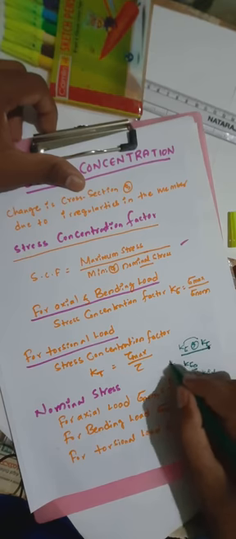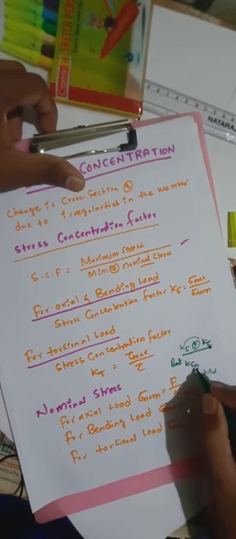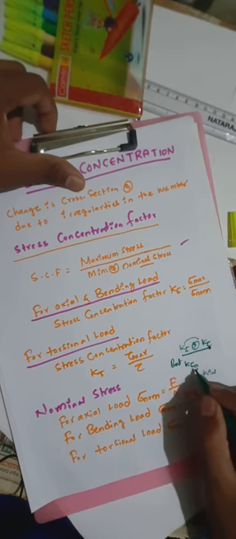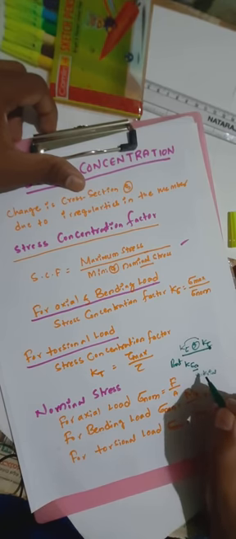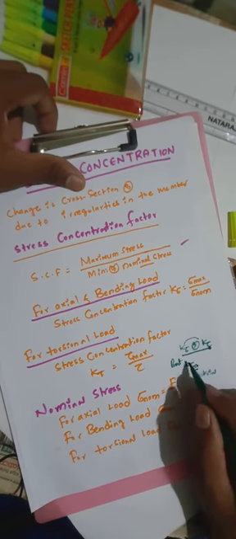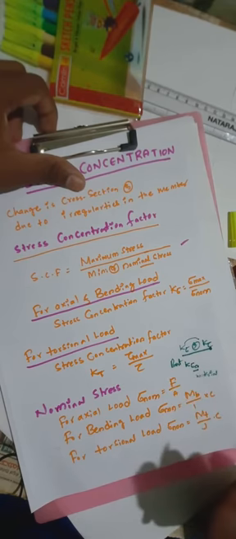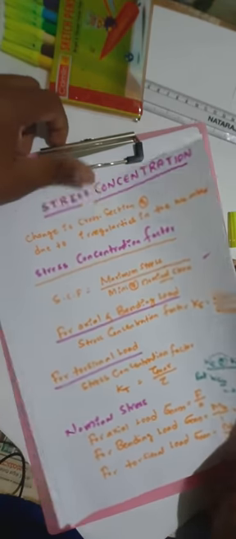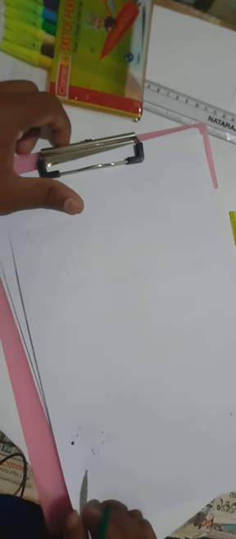But K sigma A is the actual stress concentration factor, which mainly depends on the type of material and type of loading. It is completely different from the theoretical stress concentration factor.